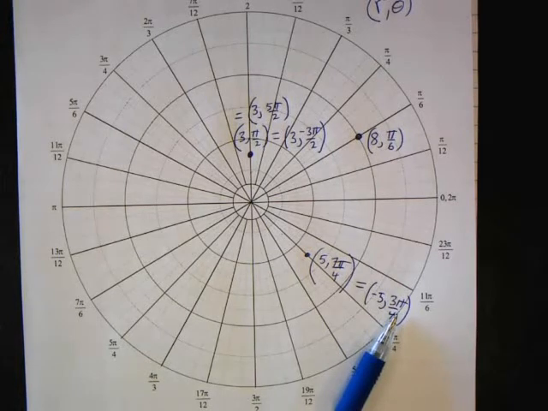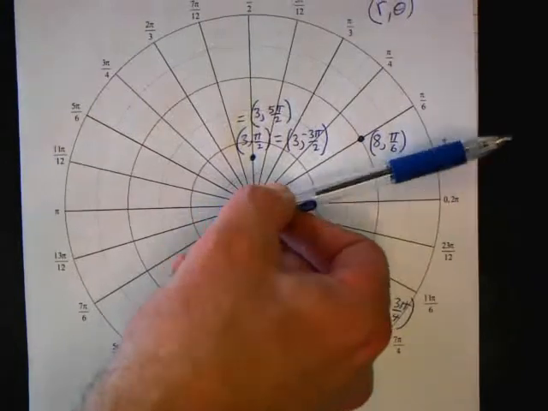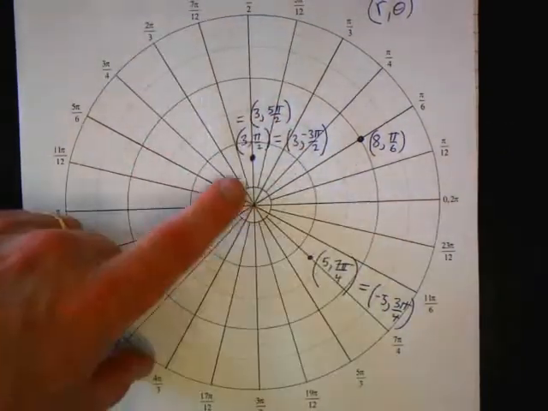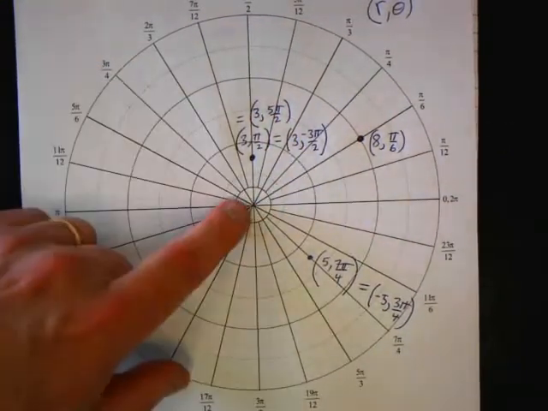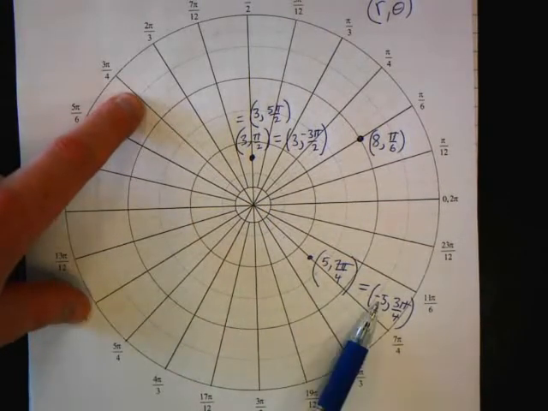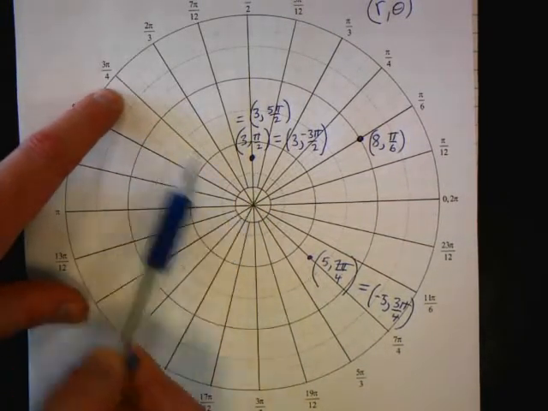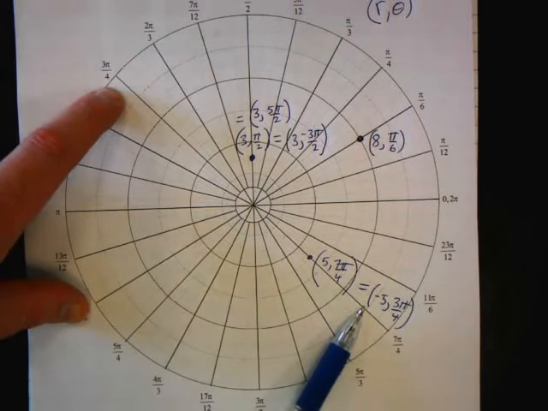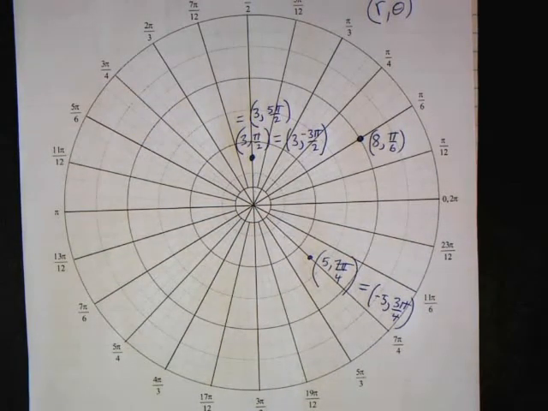Because relative to the 3 pi over 4, you're going negative 5 away. Correct. If I rotate to the 3 pi over 4, there's my angle. By saying I want to go negative 5, I don't go up its ray, I go down its ray. So we do allow for our r values to be negative. Questions on that?